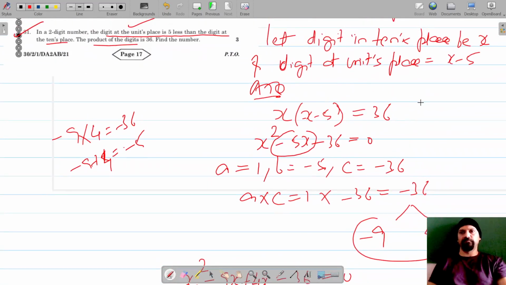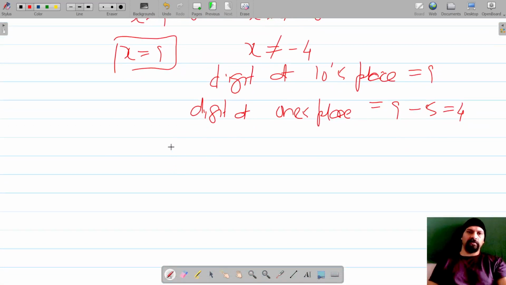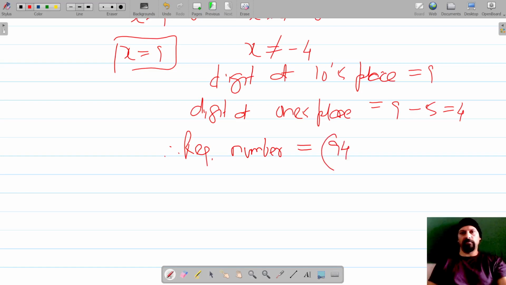It's 5 less. Okay, we have to find the number, therefore the required number is 94. Digit at tens place is 9, digit at ones place is 4, so the required number is 94. Okay, moving on to section D.